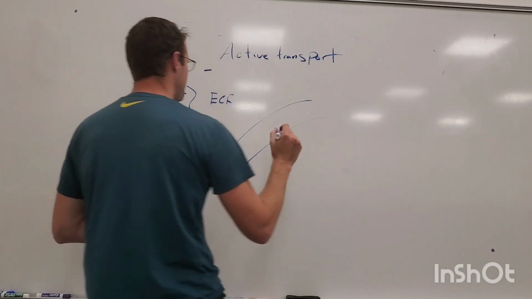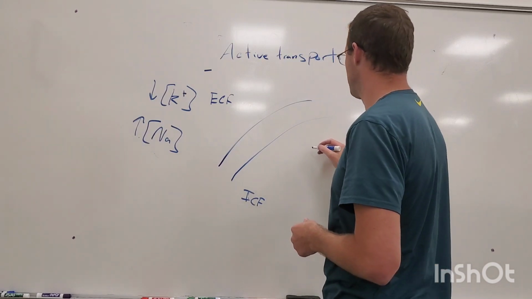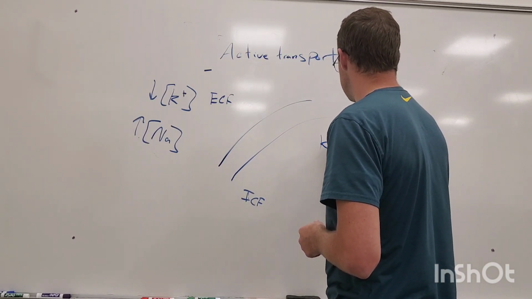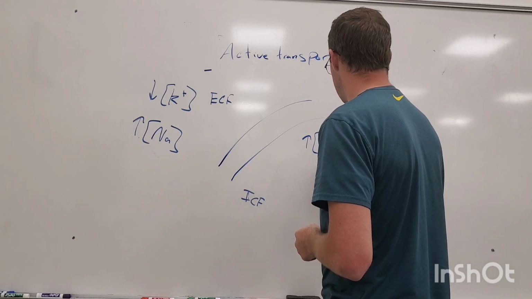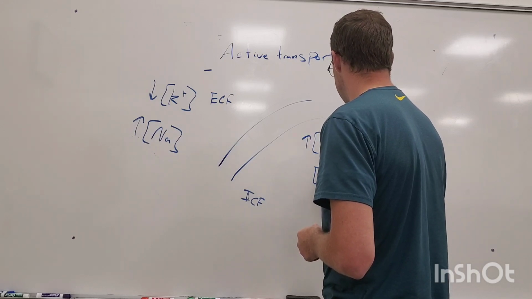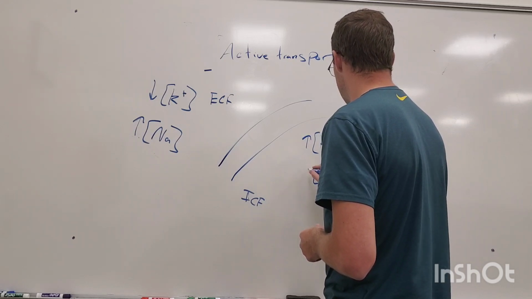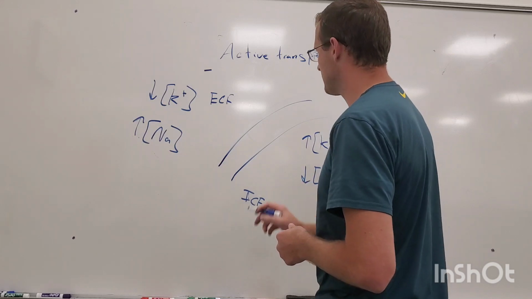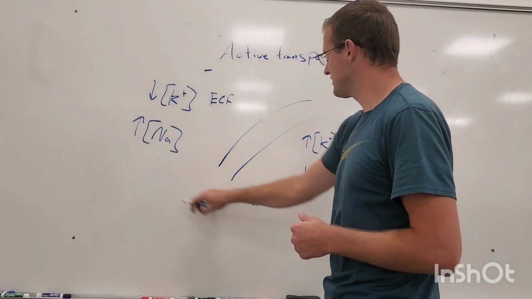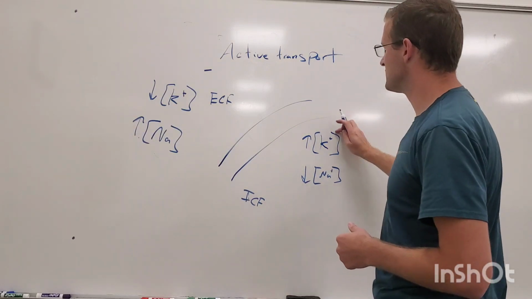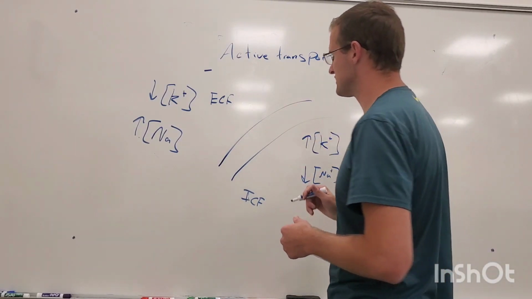On the intracellular fluid side, we have a high concentration of potassium and a low concentration of sodium. Based on the concentration gradients, sodium is going to want to come into the cell to balance it out, and potassium is going to want to go out of the cell.